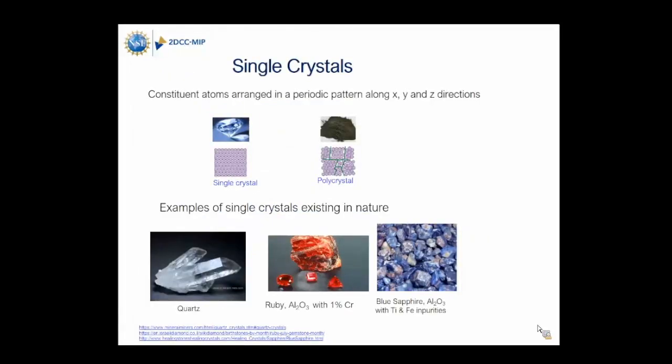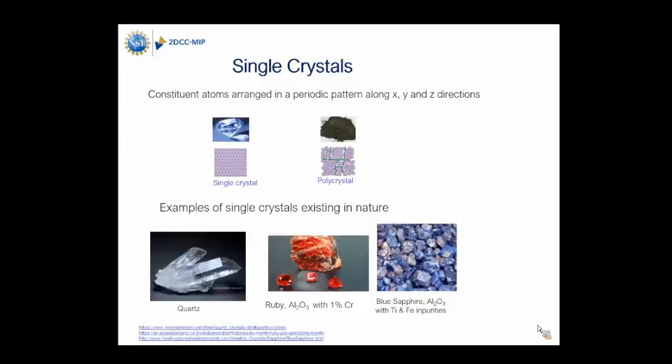Okay, so single crystal refers to a material with constituent elements arranged in a periodic pattern along the x, y, z directions, as shown in this diagram. This is one example, diamond, meaning carbon atoms arranged periodically along all three directions. This is contrasted with polycrystalline material, the powder, which contains a number of micrograins.